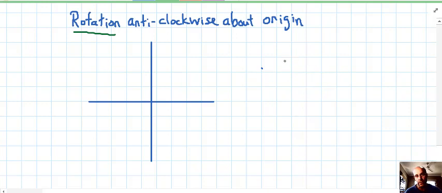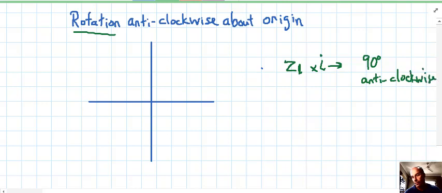So if we have Z1 and we multiply that by i, it rotates it 90 degrees anti-clockwise about the origin. Okay, so 90 degrees anti-clockwise. Let's have a look at that.